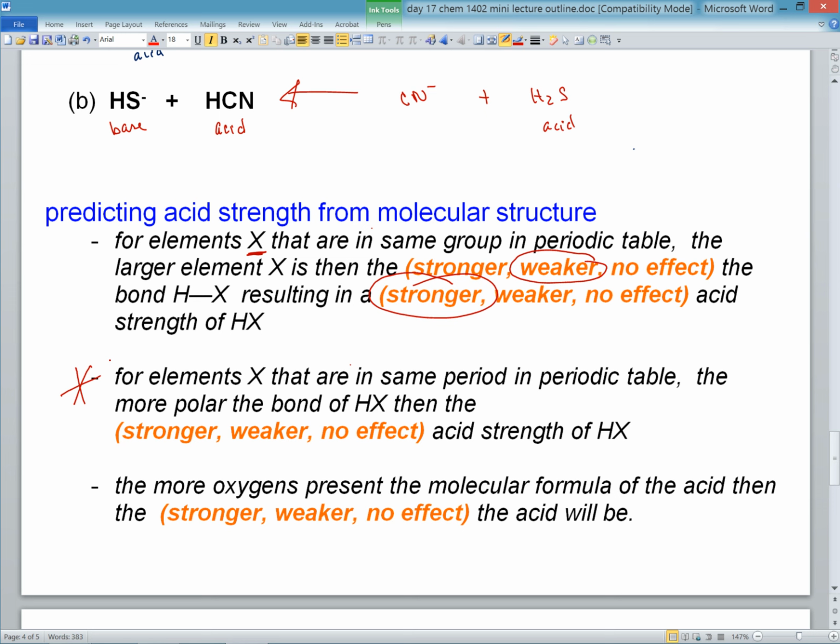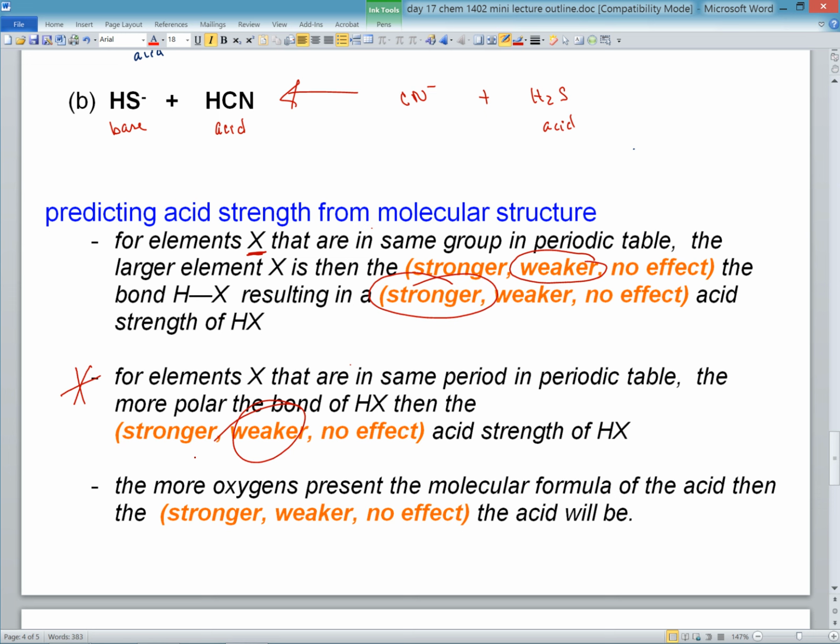F. Now what's so special about F? It's numero uno in something. It's the most electronegative element on the planet. So if you want to make a polar bond, it would be with F. But HF is not a strong acid. So what would you say for this answer then? The more polar the bond, the weaker, right? Otherwise, HF would have been right up there.